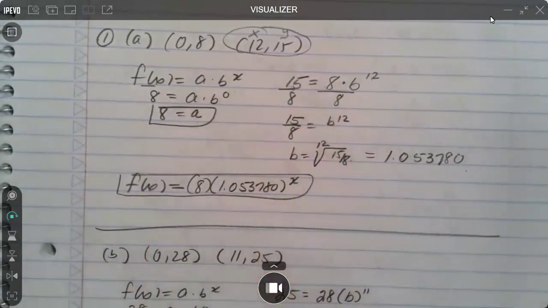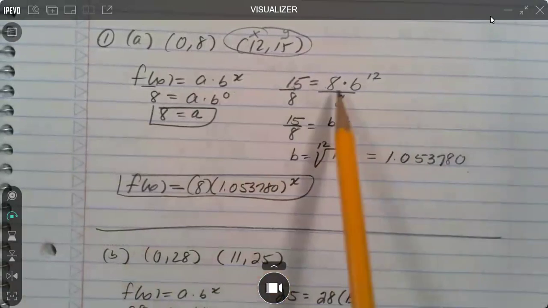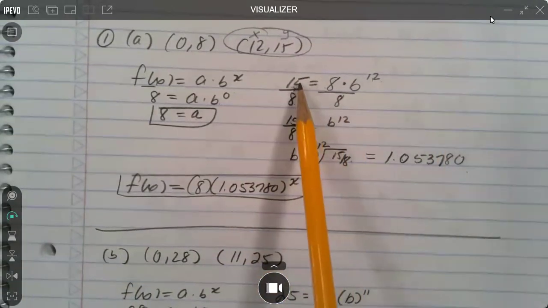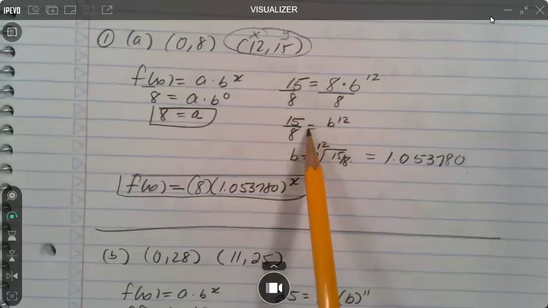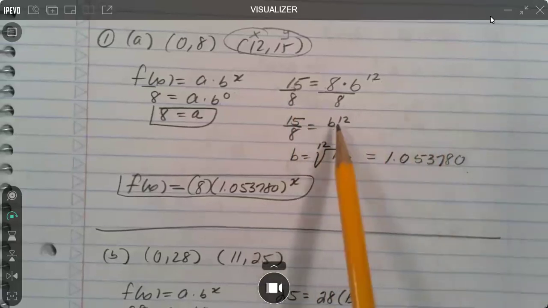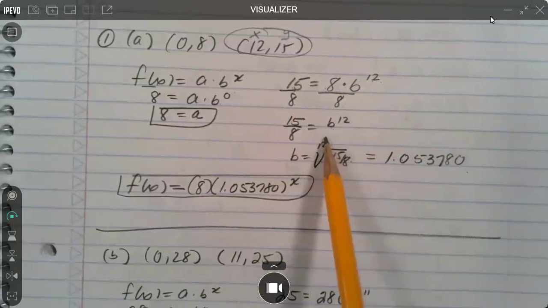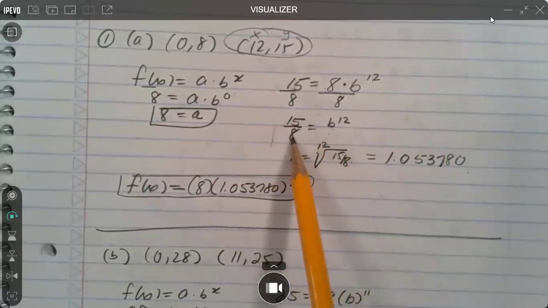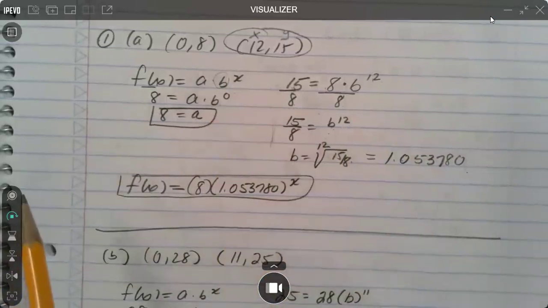And you'll get here 15 equals 8 times b to the 12th. Divide by 8, and you'll get 15 over 8 equals b to the 12th. The inverse of b to the 12th is, I'm sorry, not the square root, the 12th root of 15 over 8. And we're going to take the positive because b can only be positive.